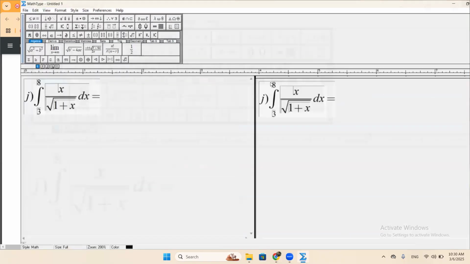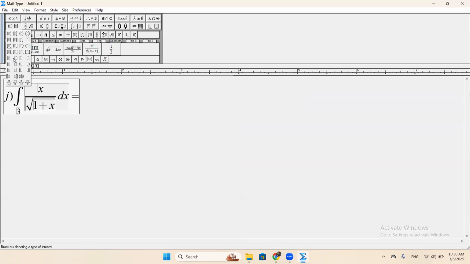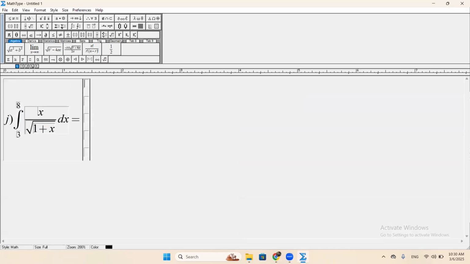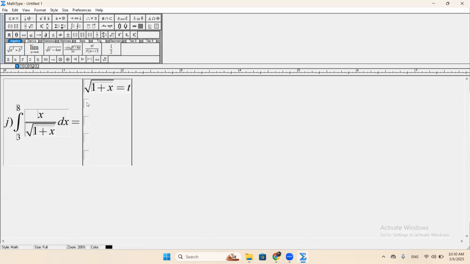So we use the following substitution. So we substitute square root of 1 plus x as t. Then 1 plus x equals t square, and x equals t square minus 1.